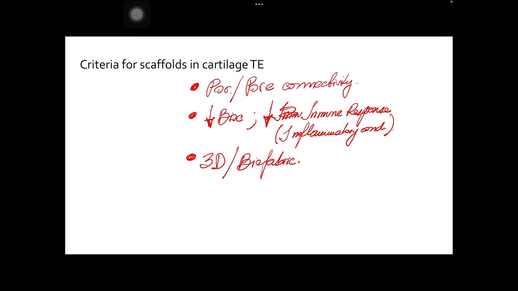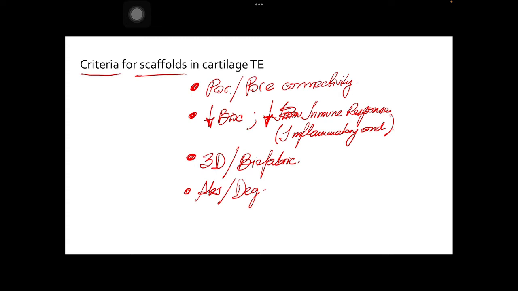These materials have to be absorbable and degradable, because you want eventually the cells to deposit their own extracellular matrix, which is cartilage-like matrix, and the material over time will degrade. So these are all the traditional criteria for scaffolds in cartilage tissue engineering.